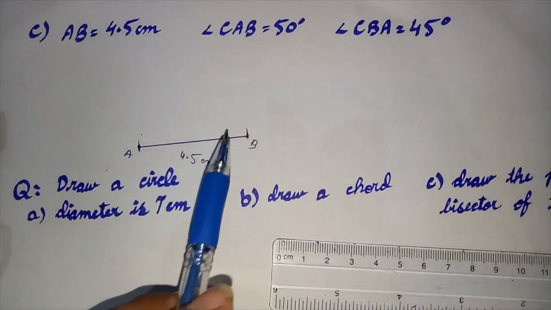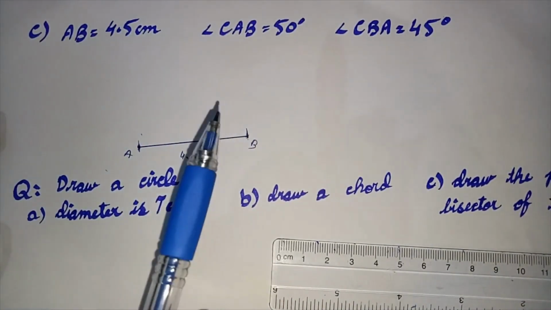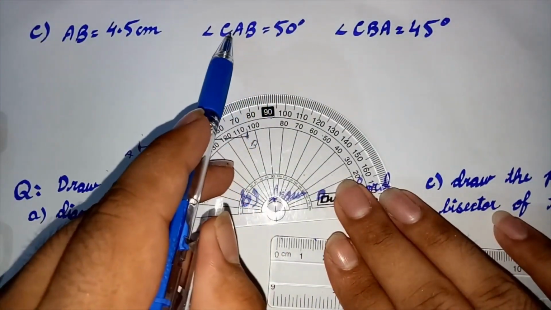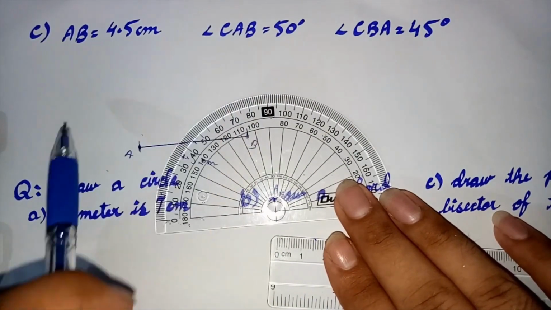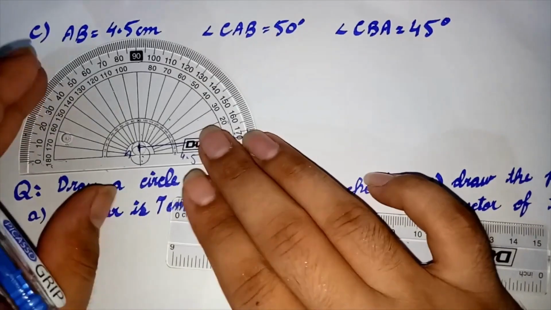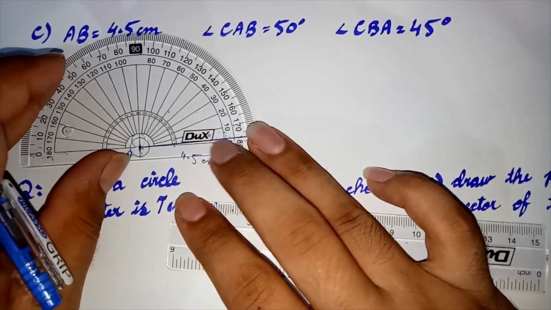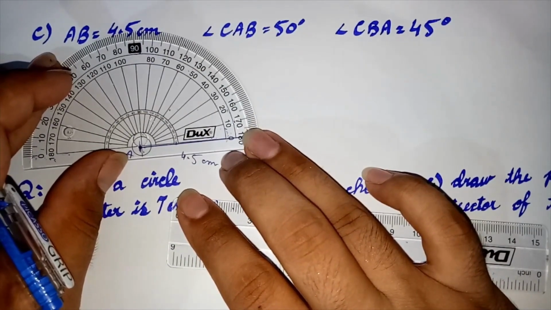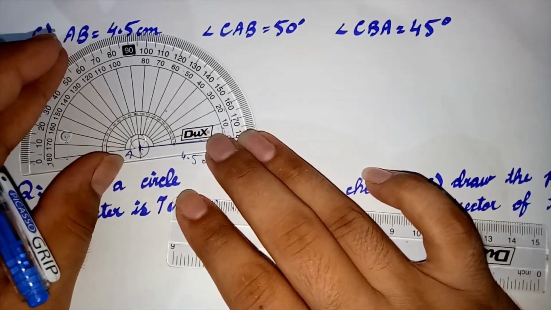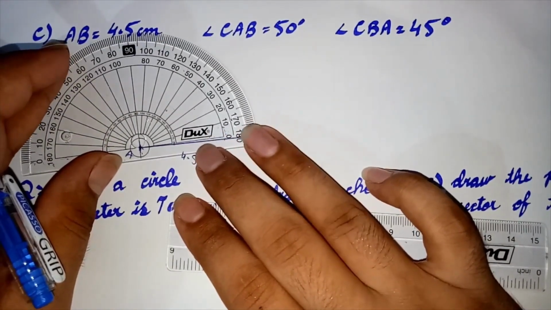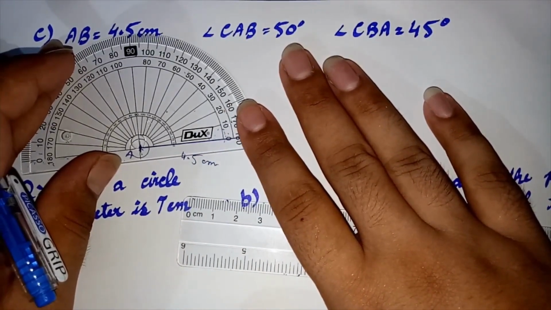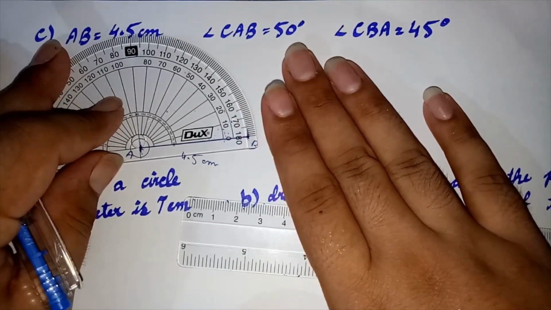Now we have to make an angle of 50 degrees. We will use this one. Here we have 50 degrees with angle with point A. Okay, it means that we have to make 50 degrees on this point by just putting it here and the zero line on this baseline. Alright, just like that.